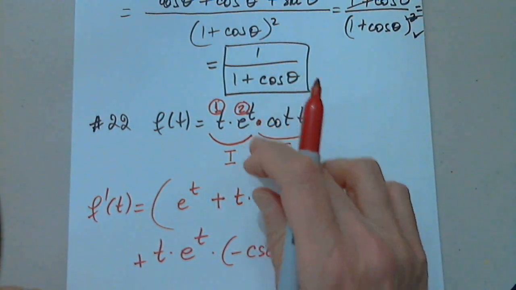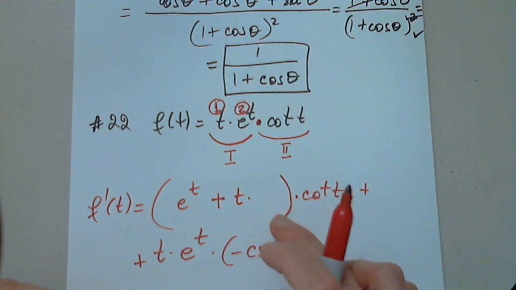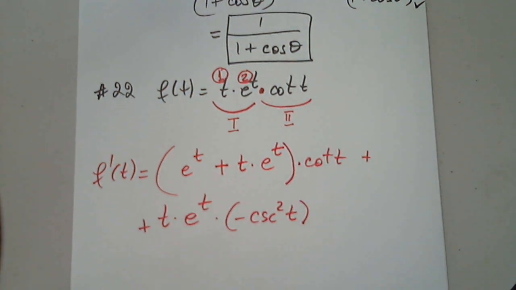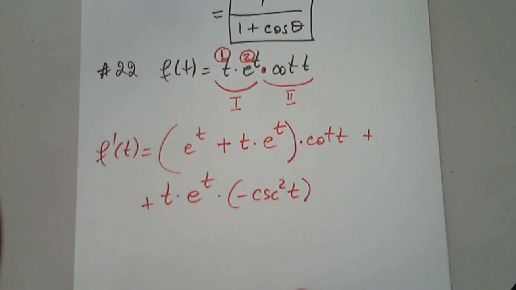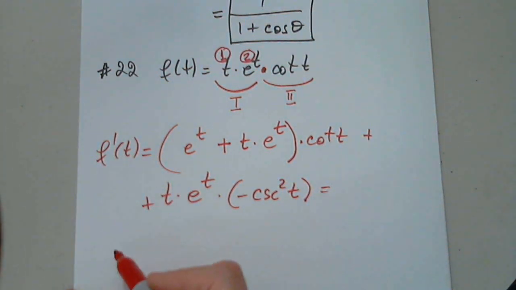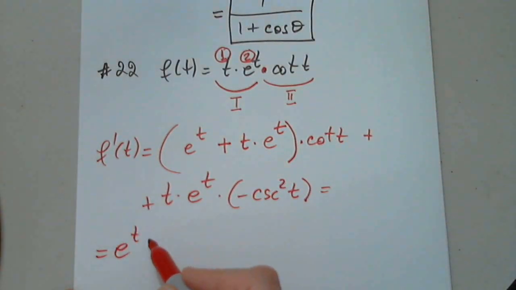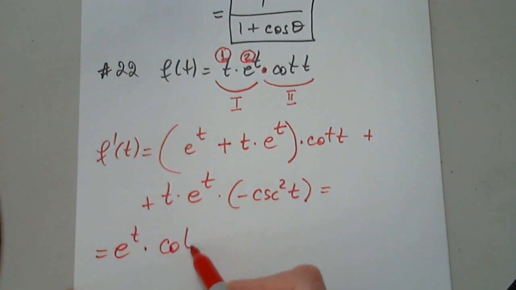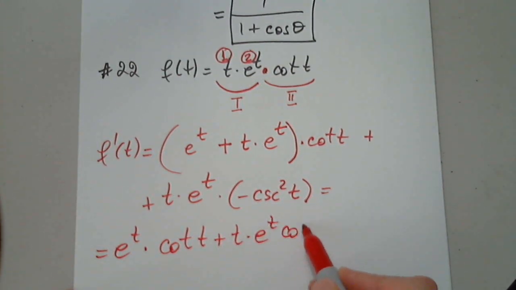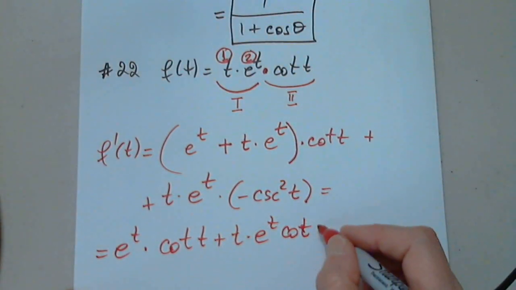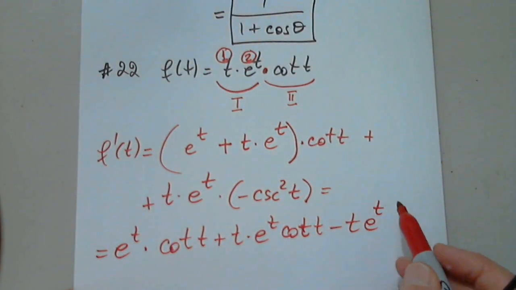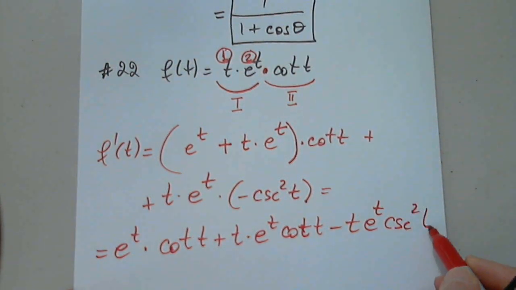Now we differentiate the second function: e to the t. This is it. I will have to clean it up a little bit, and maybe just remove parentheses, nothing else. e to t times cotangent t plus t e to t cotangent t, and this is negative t e to t cosecant squared t.